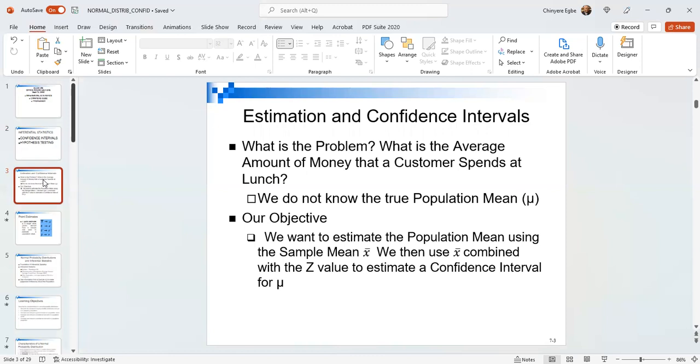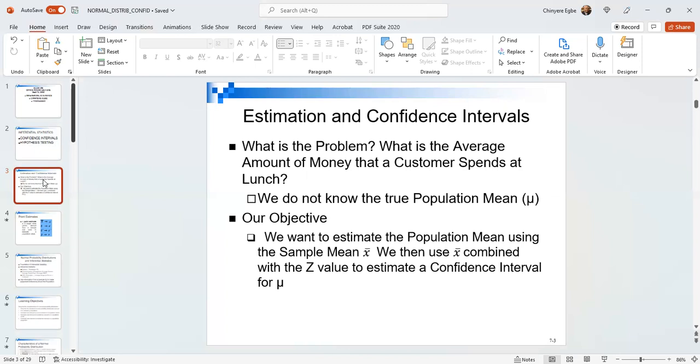So when we are trying to do a confidence interval, what is our problem and what is our method? What is the problem in doing a confidence interval? What we do is a confidence interval estimation.